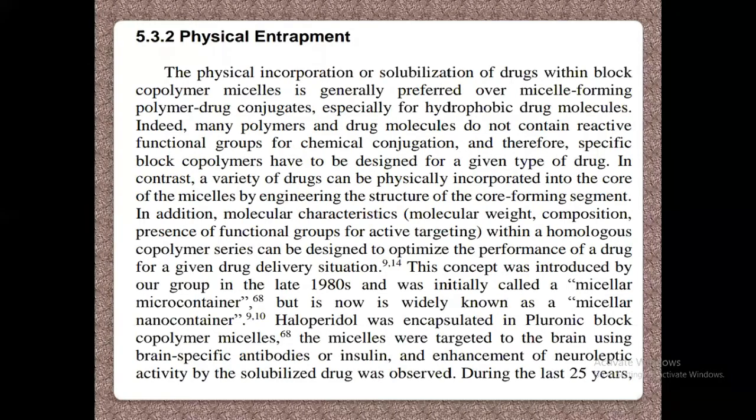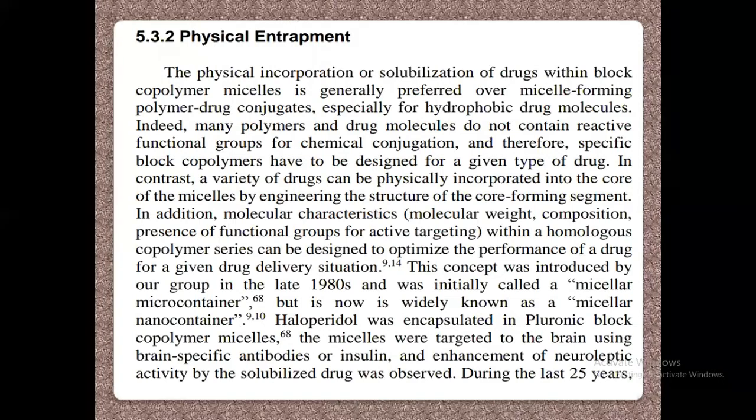Solubilization of drugs within block copolymer micelles is generally preferred over micelle forming polymer drug conjugates, the previous method. So the conjugate method is there, and this physical entrapment method is there.